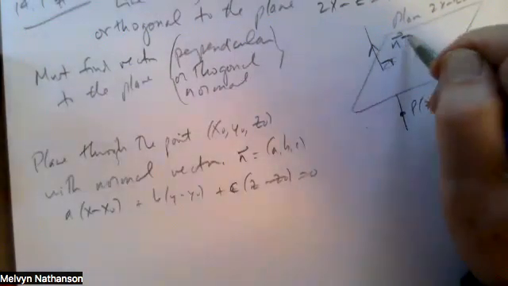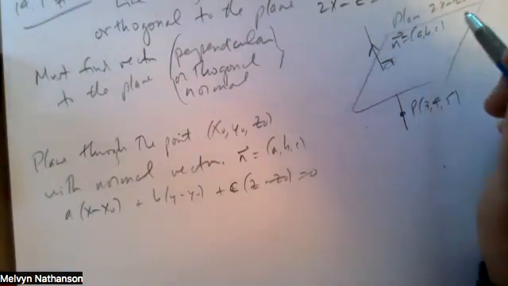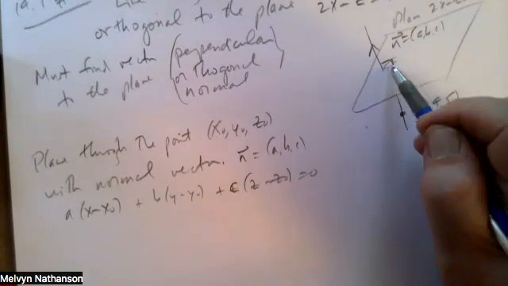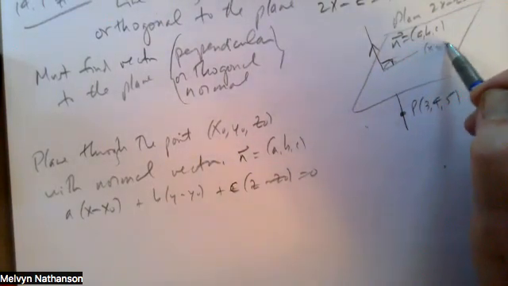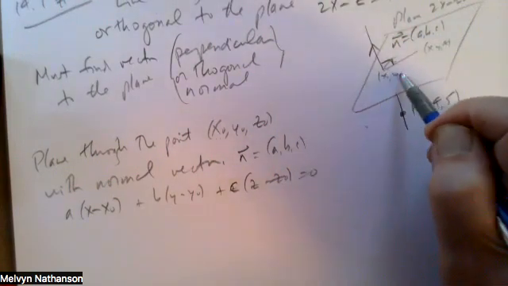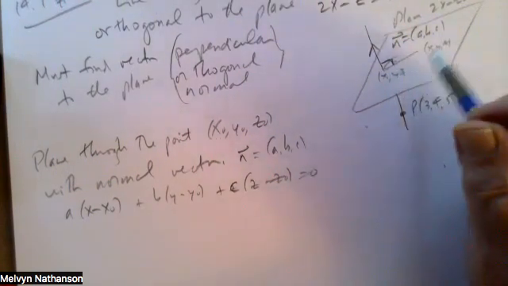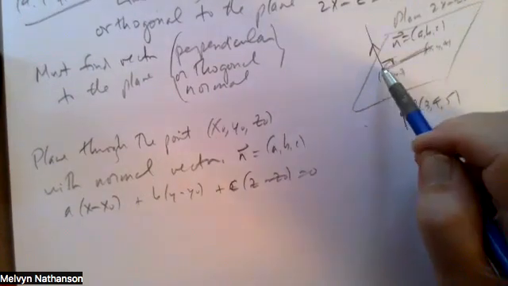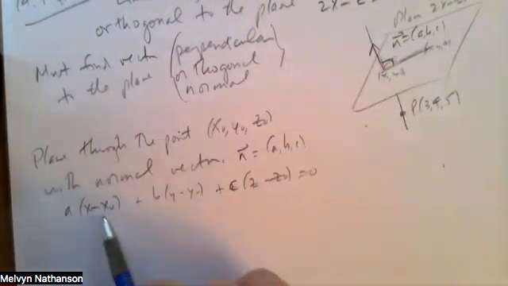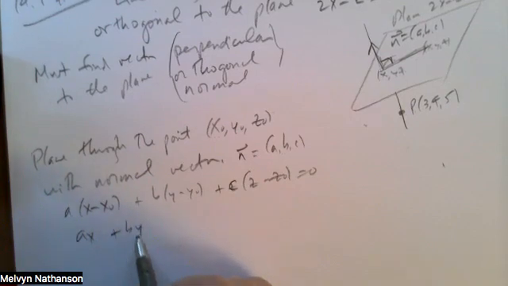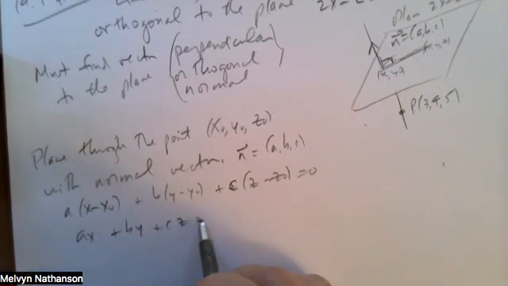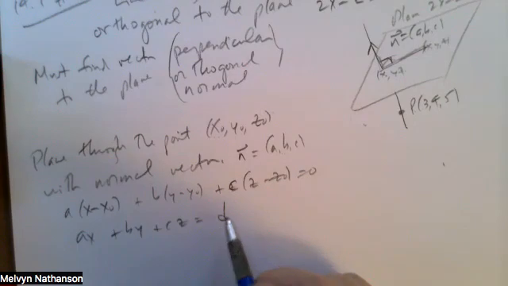This means all the points x, y, z where, with x naught, y naught, z naught a point in the plane, this vector is perpendicular to this vector, so the dot product is 0. Another way of writing this is ax plus by plus cz equals some number d.